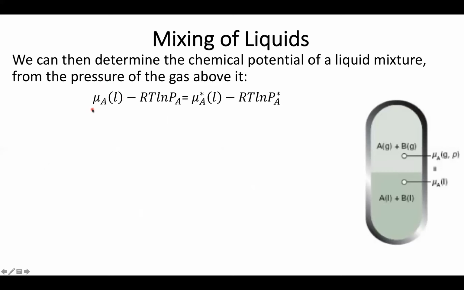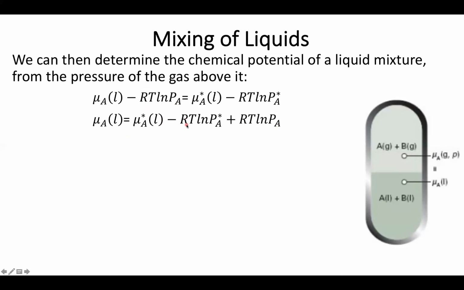Because if I know the chemical potential of my mixed species, I will be able to predict its behavior. And we can do this by moving our vapor pressure term over to the other side, at which point I now have a relationship between the two chemical potentials and essentially two pressure terms.